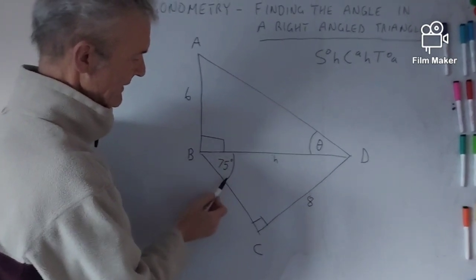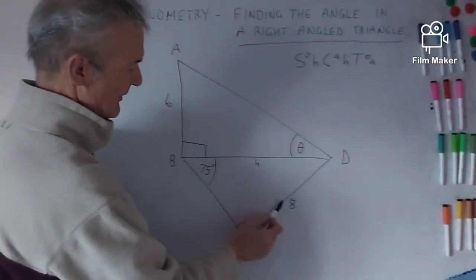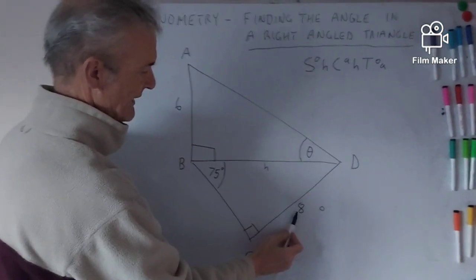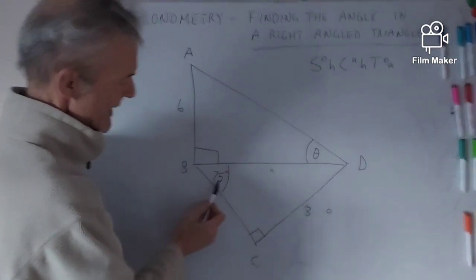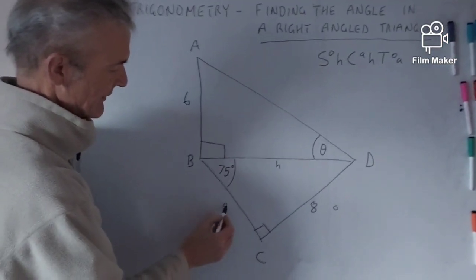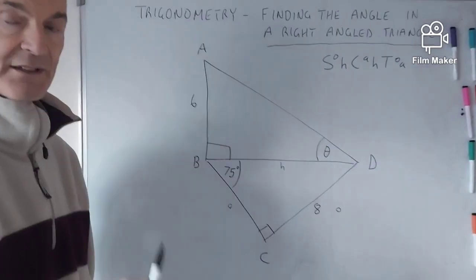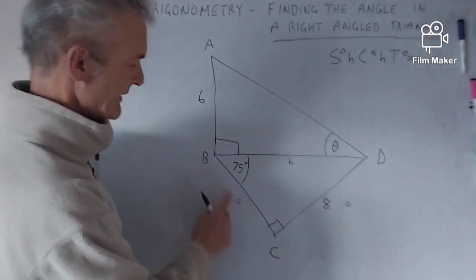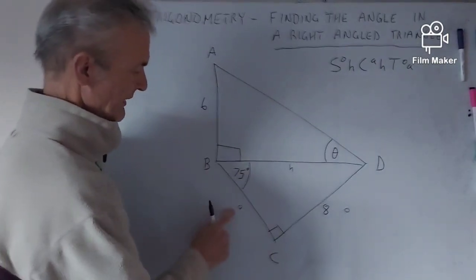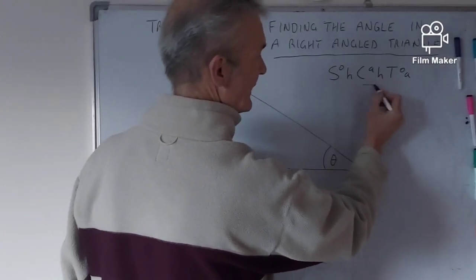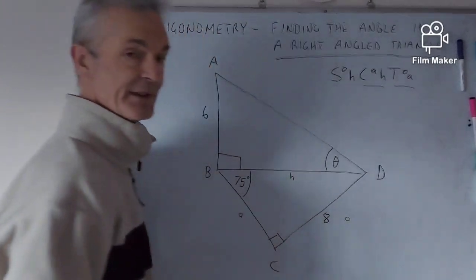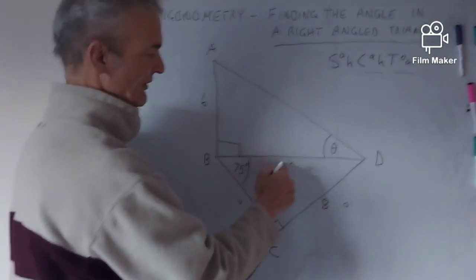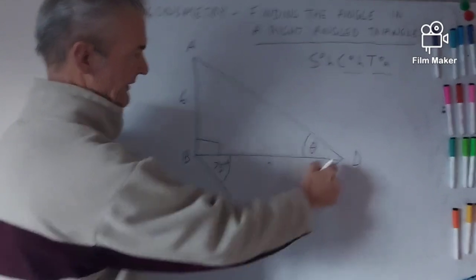We have an angle here, and opposite that angle, call that the opposite, we've got this side which is 8 in length. Next to the angle here is the adjacent. Now notice on this triangle we don't need the adjacent. We haven't got it, and it's not necessary to find it. So we don't need A. So there's an A in that one and an A in that one. So we don't need those. So we're going to use the SOH bit to find the hypotenuse of triangle BCD.